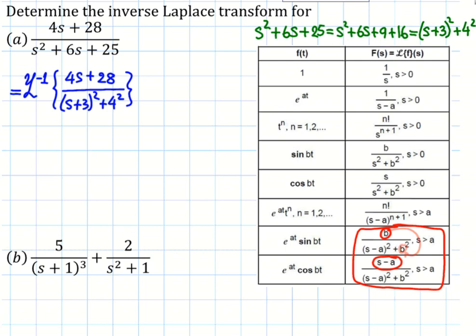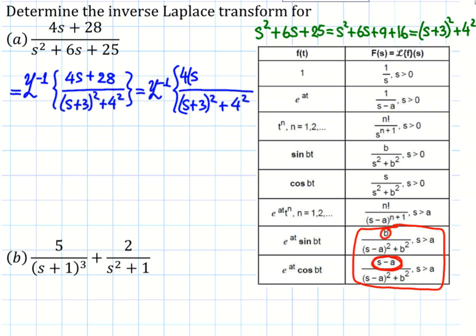We still have the notation for the inverse Laplace transform. The bottom is still (s plus 3) squared plus 4 squared. Since we see s on the top, it has to be, again, s minus a, so instead of s we're going to have minus a.